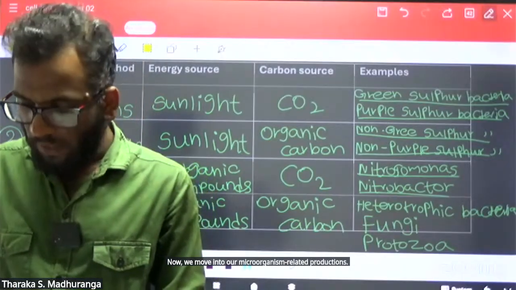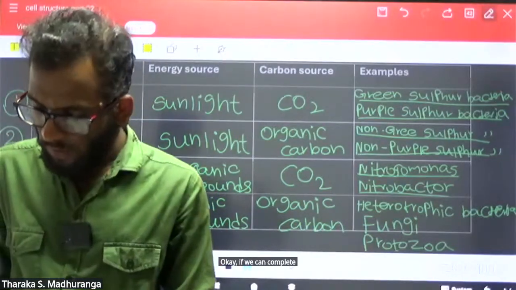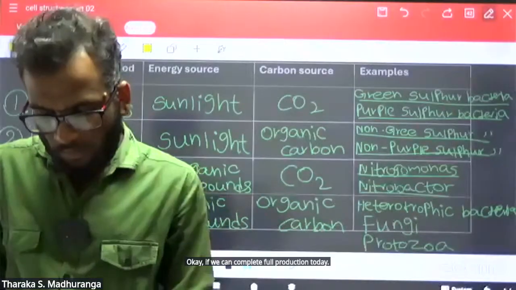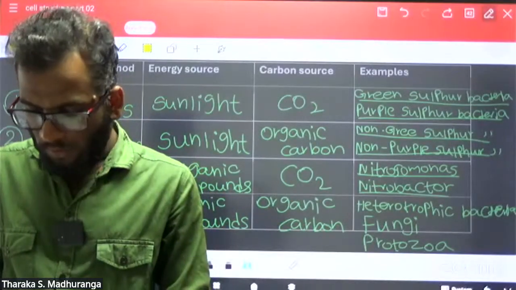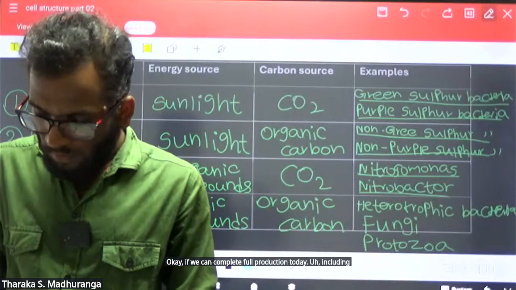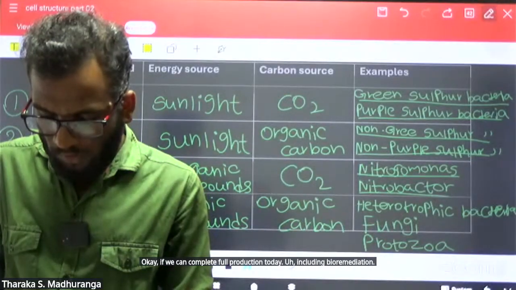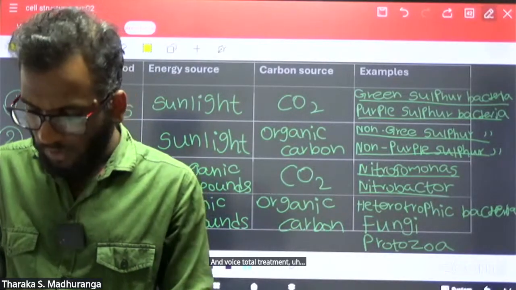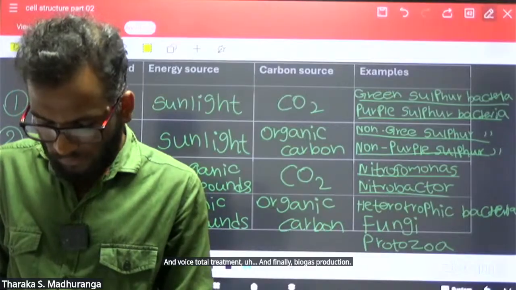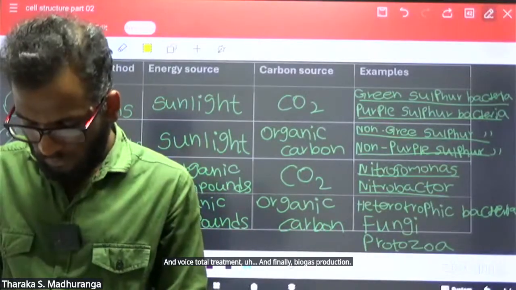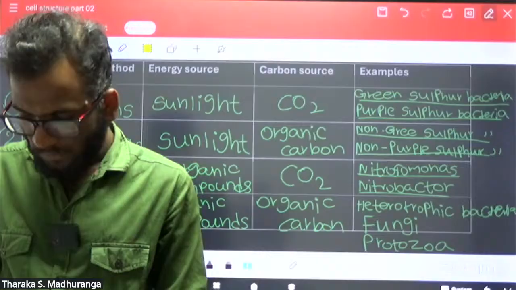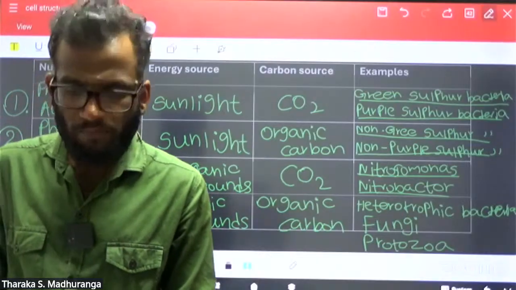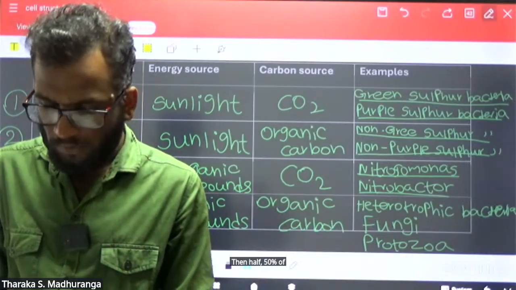If we can complete all production today, including bioremediation and wastewater treatment, and finally biogas production, then 50% of this lesson is complete.